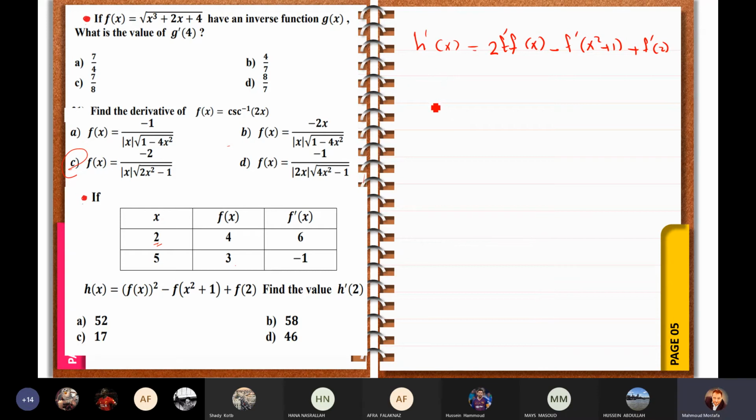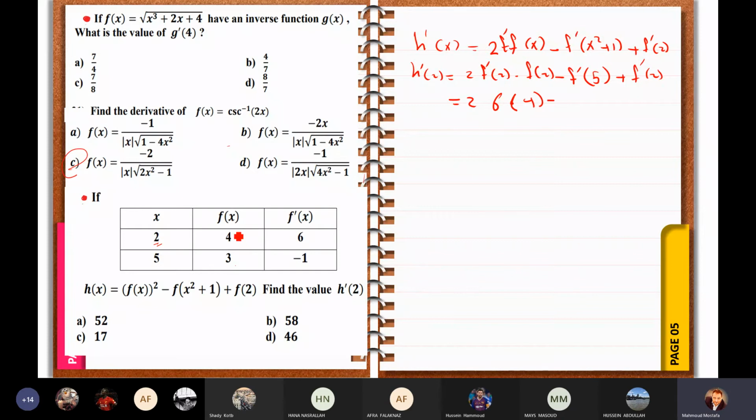X is what? It is 2, because we need h prime of 2. So 2 multiply f prime of 2 multiply f of 2 minus f prime of 5 squared plus 1, plus f prime of 2. Just substitute from the table. 2 times f prime of 2, which is 6, multiply f of 2 is 4.